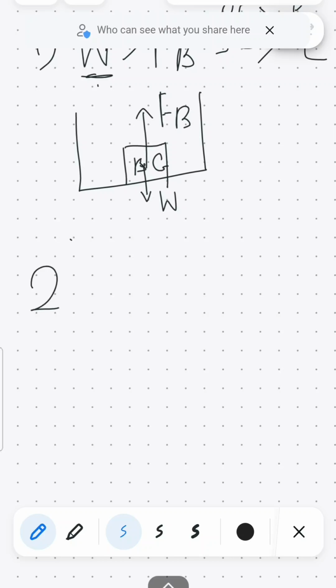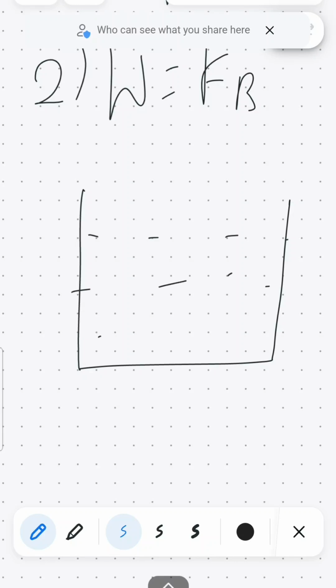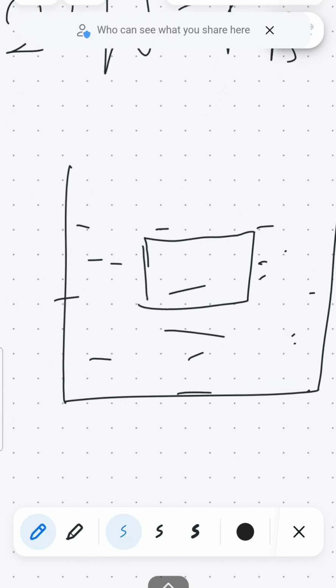Now the second case is when W is equal to Fb, that is, the weight of the body is equal to the buoyant force. Again, if we draw, this is a container and this is the liquid. In this case the object will float just below the surface of the water.